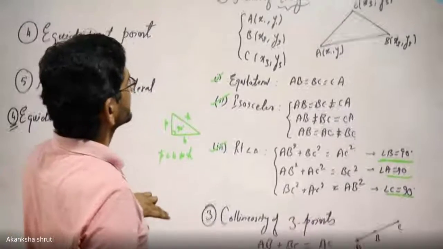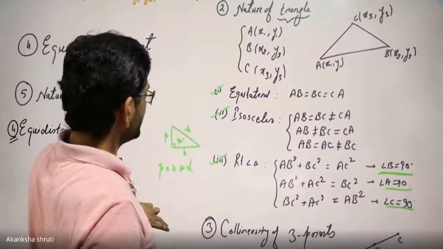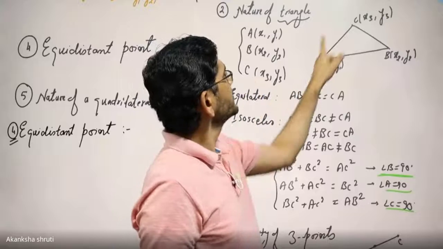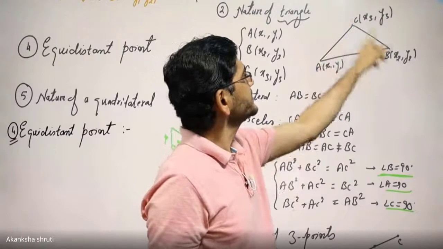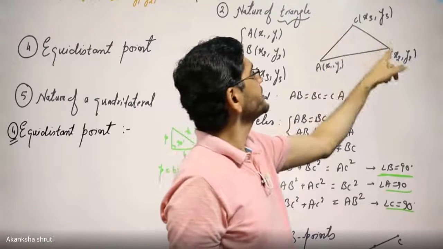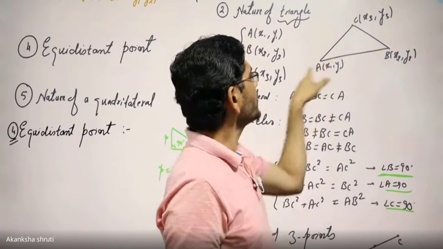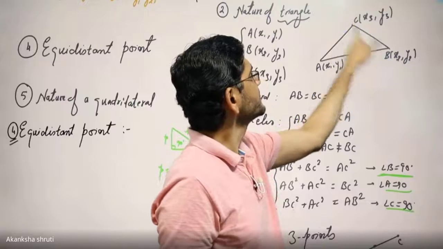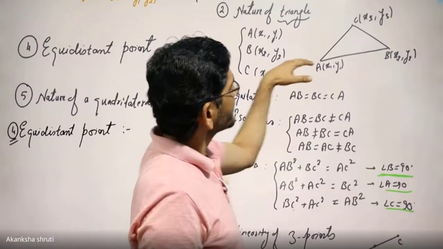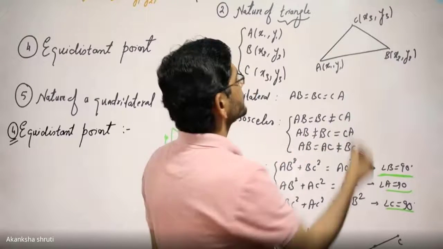Students, the third application is when these 3 points are not at different places, not on different lines, meaning they are not forming different sides. Rather, these 3 points are on the same line. What does that mean?